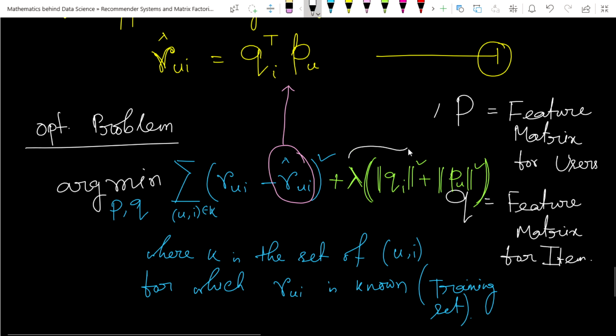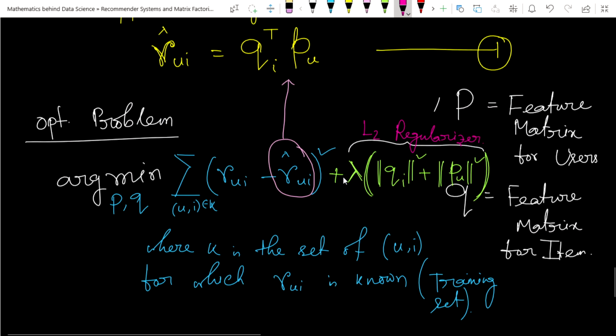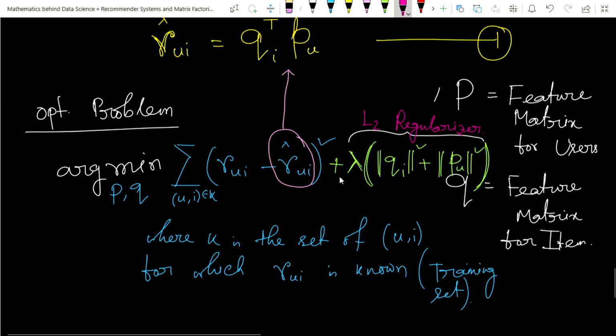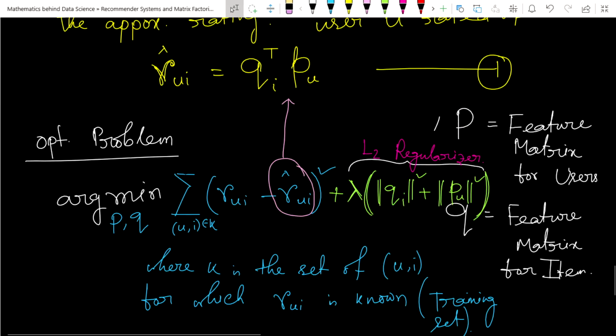This term is called the L2 regularizer. Simply, to avoid overfitting, we have to use this regularizer term.